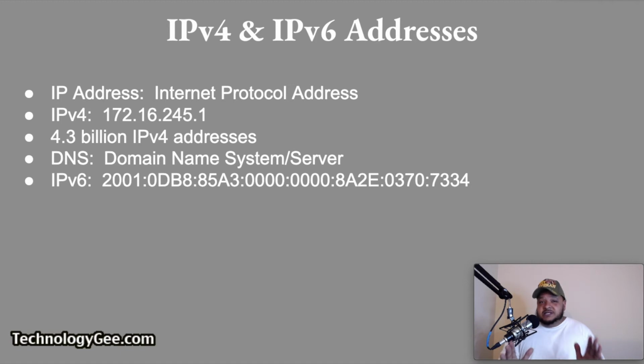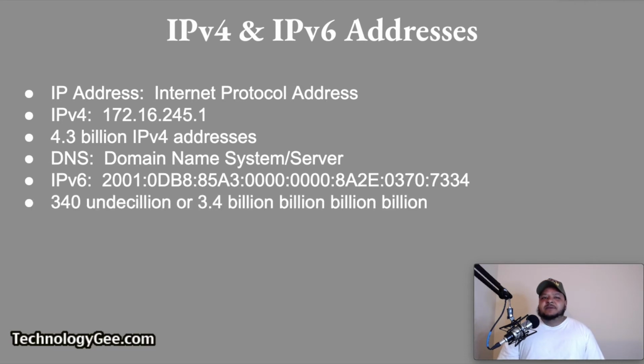Who in the world is going to sit here and try to memorize all these numbers? Not me, and definitely not you. But we can memorize Amazon.com, Google, Yahoo, YouTube, et cetera. And then, like I said earlier, the DNS will take that name, match it up against the IP address stored in a machine somewhere on the internet called the DNS, and then it'll help forward you to that website so that you can go out there and do whatever it is that you're trying to do.